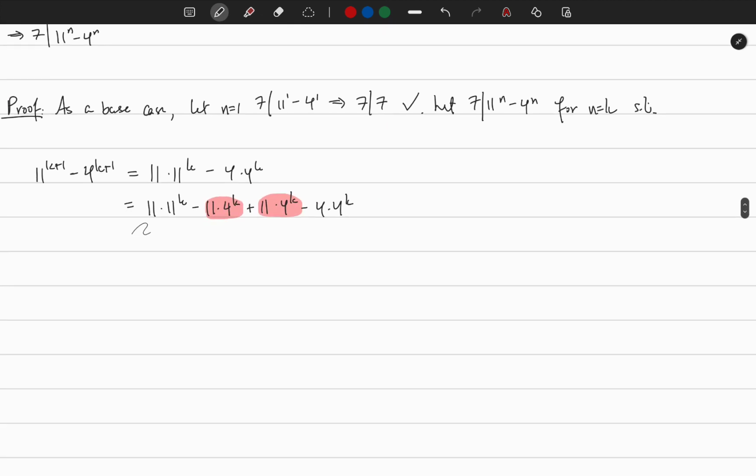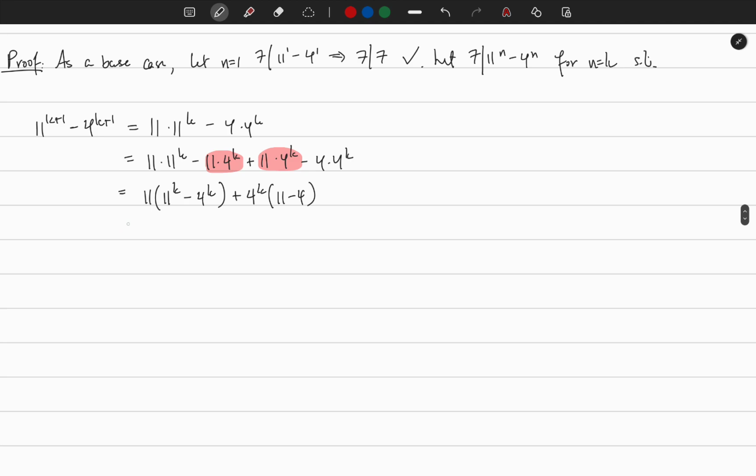Doing so, we can group these: we can factor out an 11 out of the first two terms and a 4^k out of the second two terms and see that this is equal to 11 times 11^k minus 4 to the k plus 4 to the k times 11 minus 4.